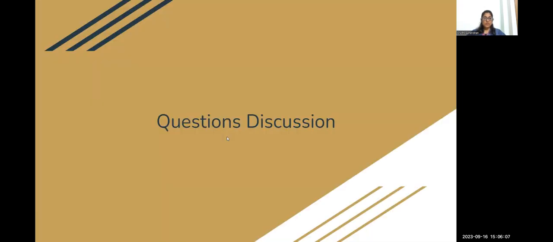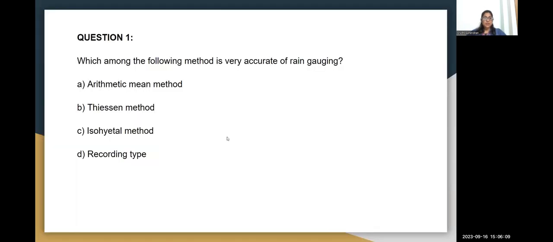Moving on to the first question. Which among the following method is very accurate for rain gauging? Arithmetic mean method, season method, isohydral method, or recording type? Please put in your answers in the chat box, and then we'll move on to the solution.